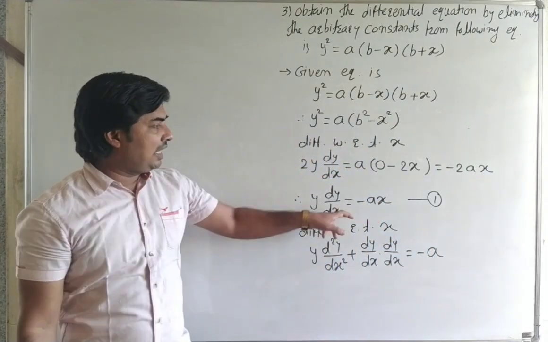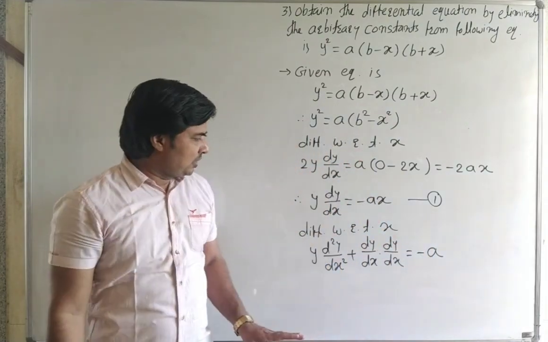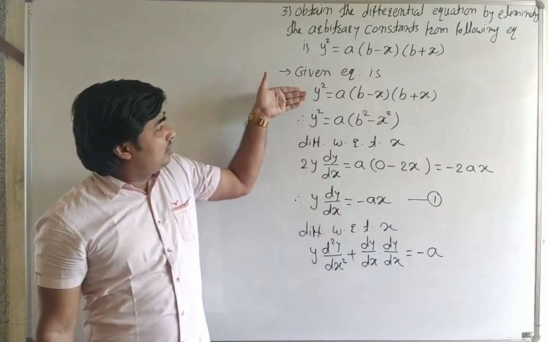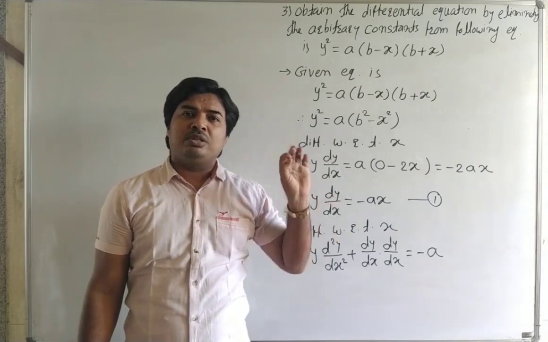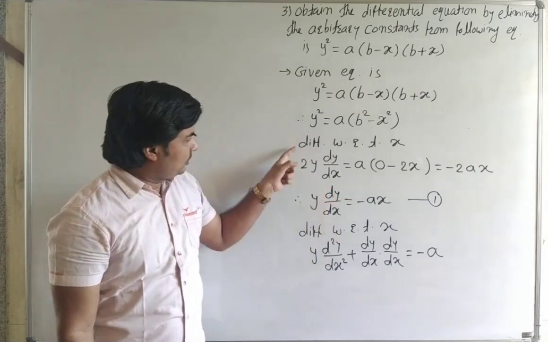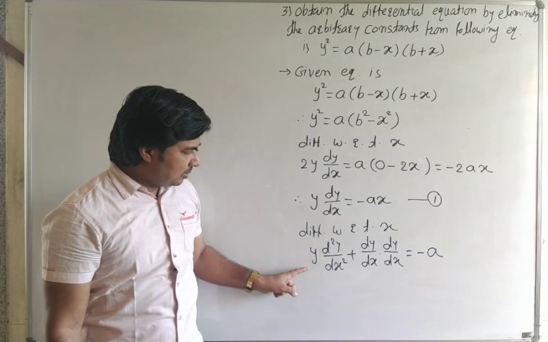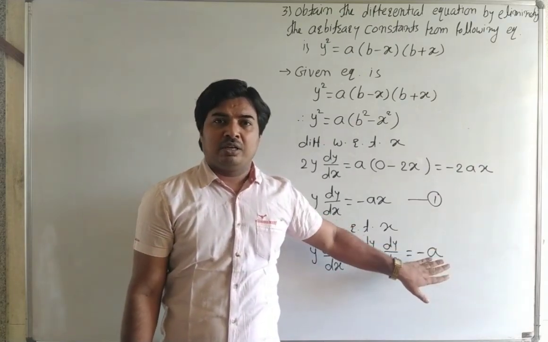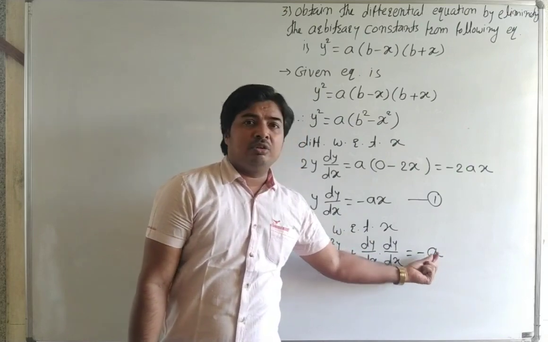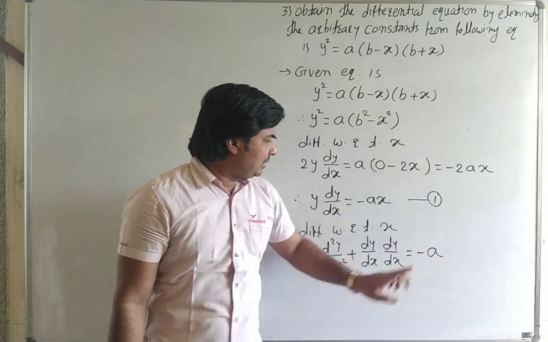Derivative of minus ax is equal to minus a. Now in this given equation there are two arbitrary constants, so we differentiate only two times. Here again an arbitrary constant is present, so put the arbitrary constant value, it is minus a.